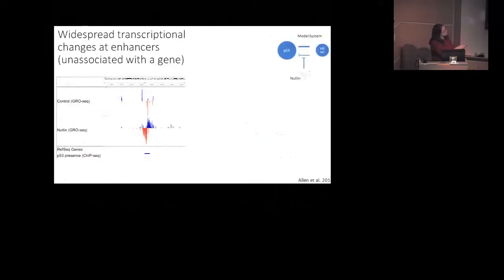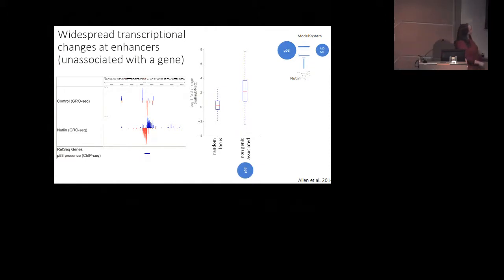So going back to our experiment with Nutlin, we take Nutlin, we expose cells to that particular chemical to activate p53, and we have both a pre and post Nutlin exposure. And after Nutlin, we see this dramatic increase in bidirectional transcription, and in fact, the vast majority of those bidirectional transcription sites originate from p53 binding locations, which is a little bit of a conundrum.